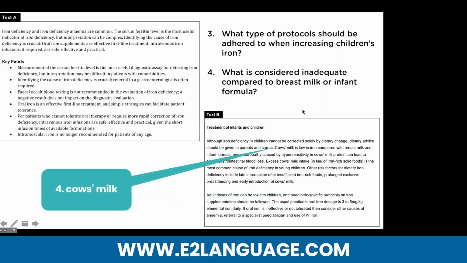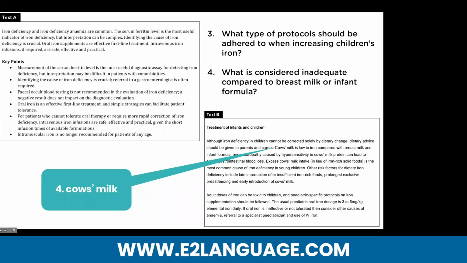Number 4. What is considered inadequate compared to breast milk or infant formula? So are we going to look in text A for this answer? No, we're going to remain in text B because breast milk and infant both relate to children. So what is inadequate compared to breast milk? I think the word milk is a really great keyword to search for.